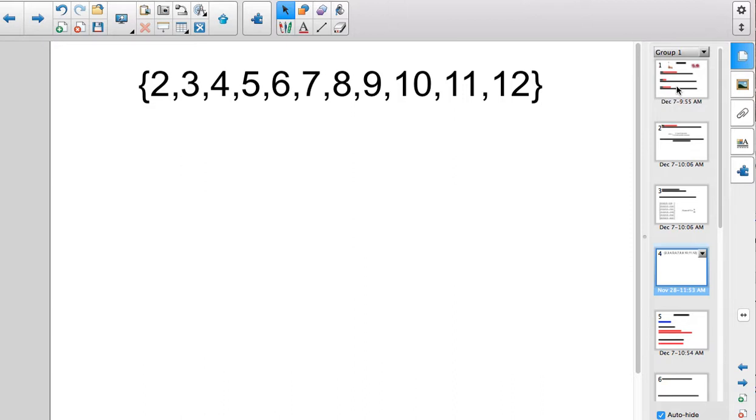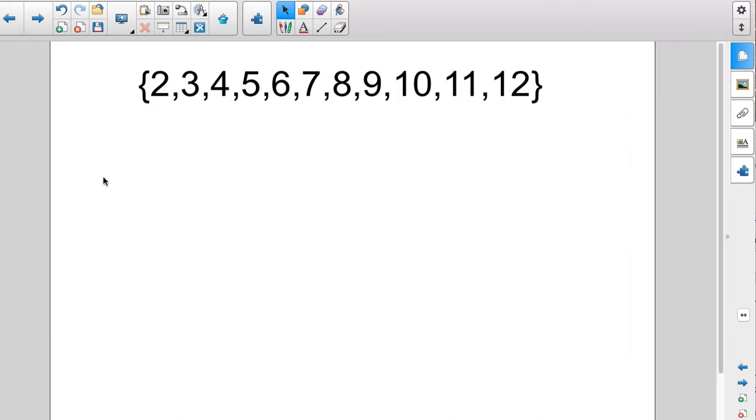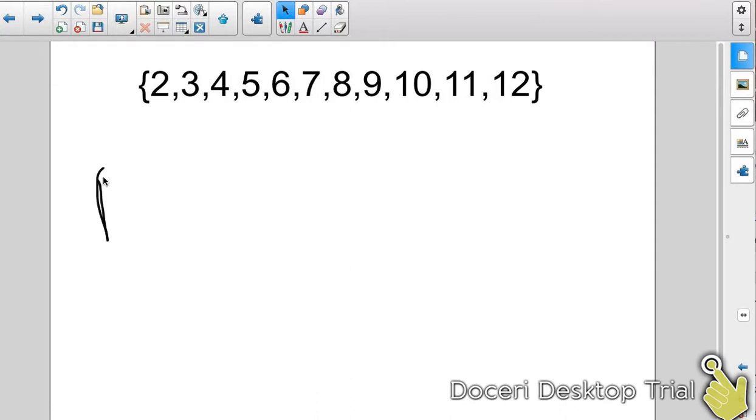If you looked at this and applied the empirical probability rule, you might say the probability of getting a 7, that is a sum of 7, equals 1 out of the total number of possible outcomes, which is 11.